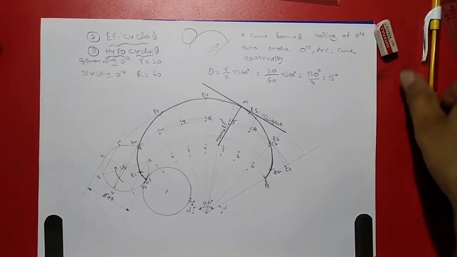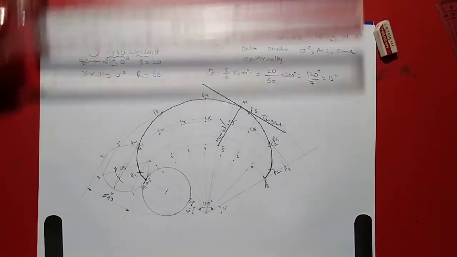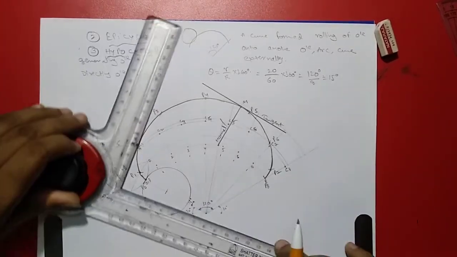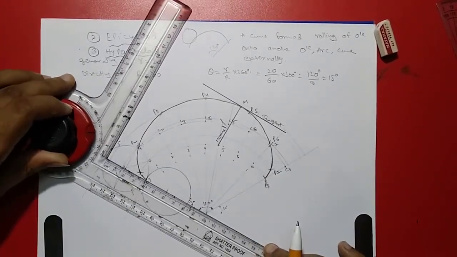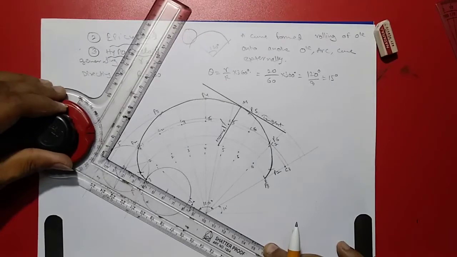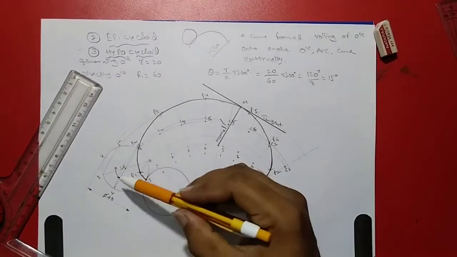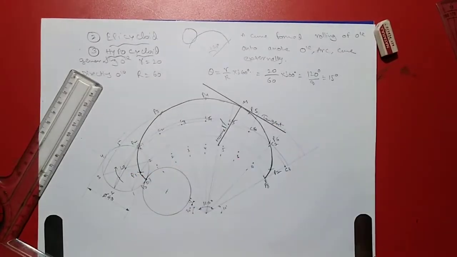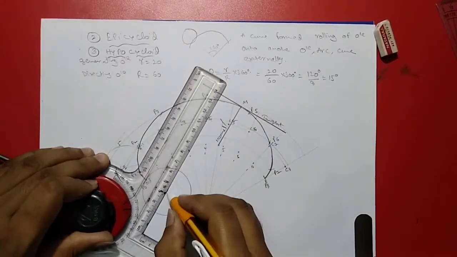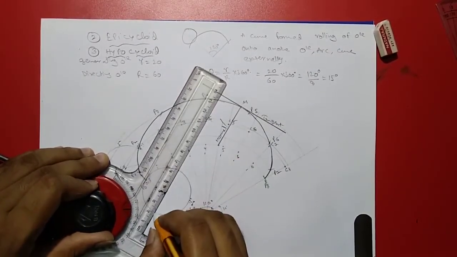So similarly I'll be dividing this circle into 8 equal parts. Previously our circle was rolling in the clockwise direction, now our circle would be rolling anti-clockwise to complete this circle.